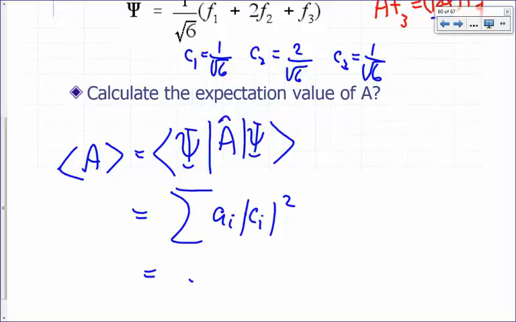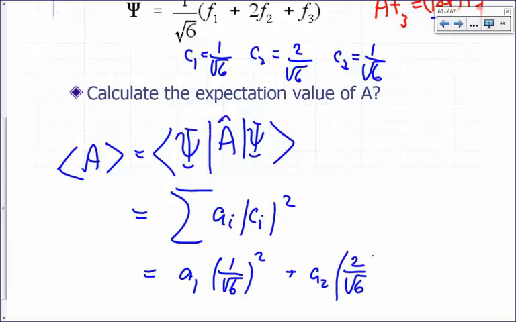So it's going to be A1 times (1 over square root of 6) squared, plus A2 times (2 over square root of 6) squared, plus A3 times (1 over square root of 6) squared.